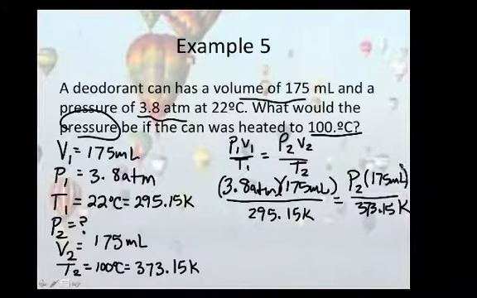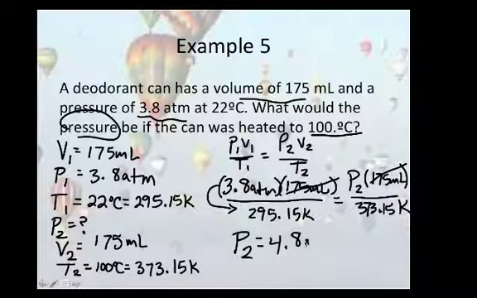Okay, if it's all the same to you, I'm just going to cancel this away since it's on both sides. Will that work? All right, so then I'm going to take 3.8 divided by 295. And then if I multiply by 373, I should be able to solve for the pressure. You got it? 4.8. 4.8 atmospheres.